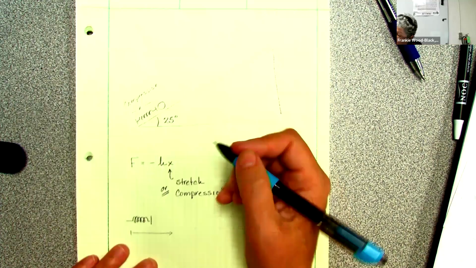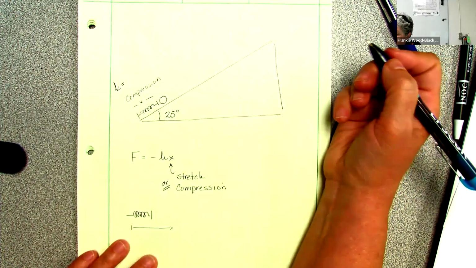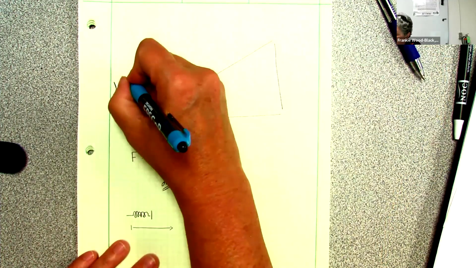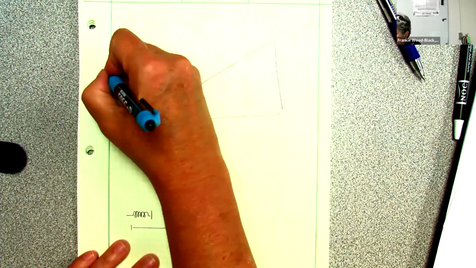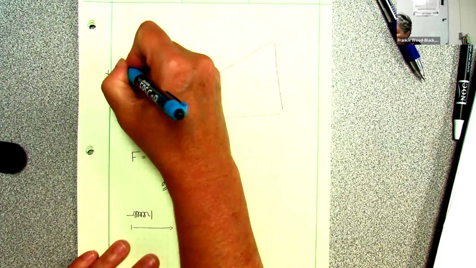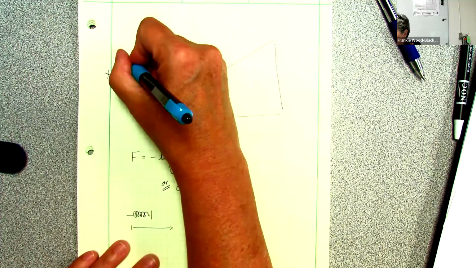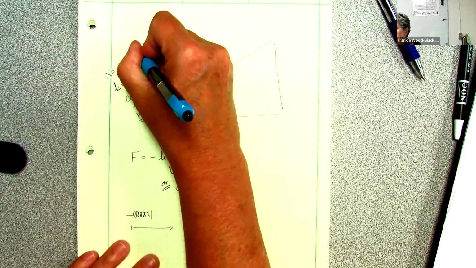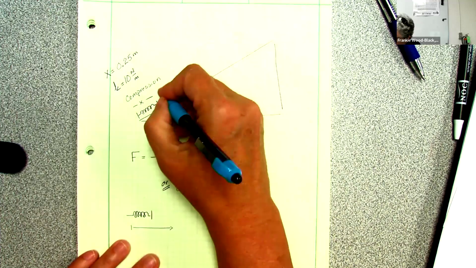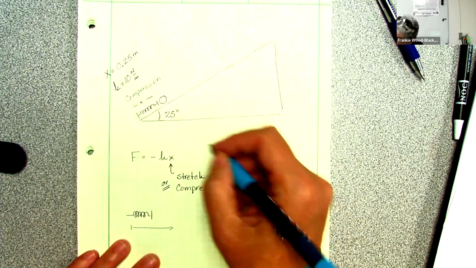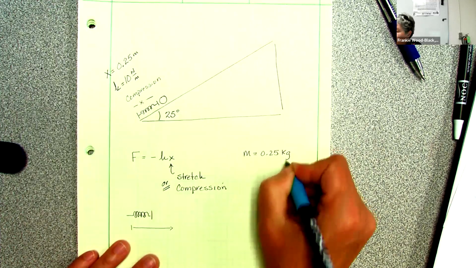So I'm going to give a spring constant for this spring. Let's say 10 Newton meters. We're going to compress our spring 0.25 meters, and we're going to give our marble a mass of 0.25 kilograms.